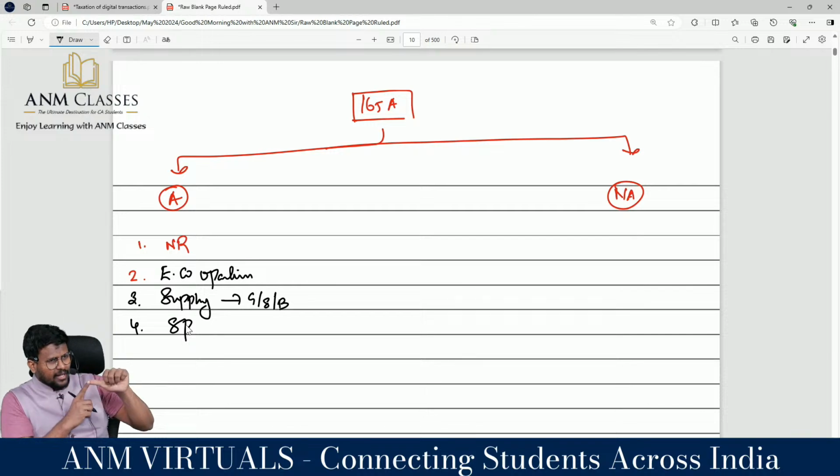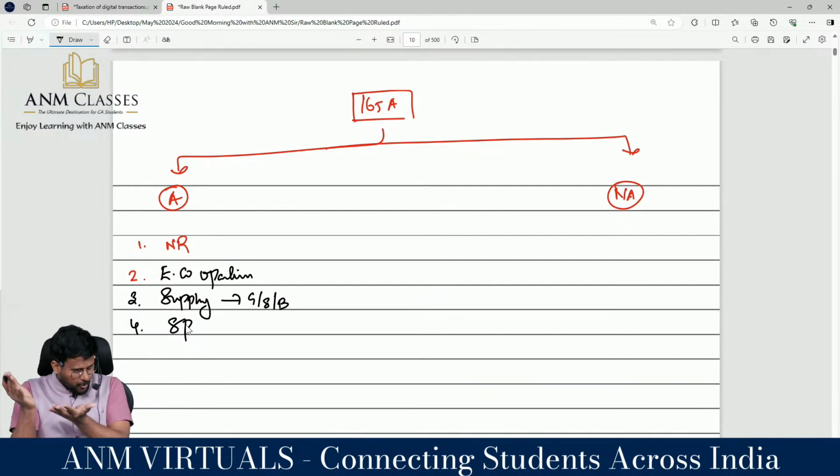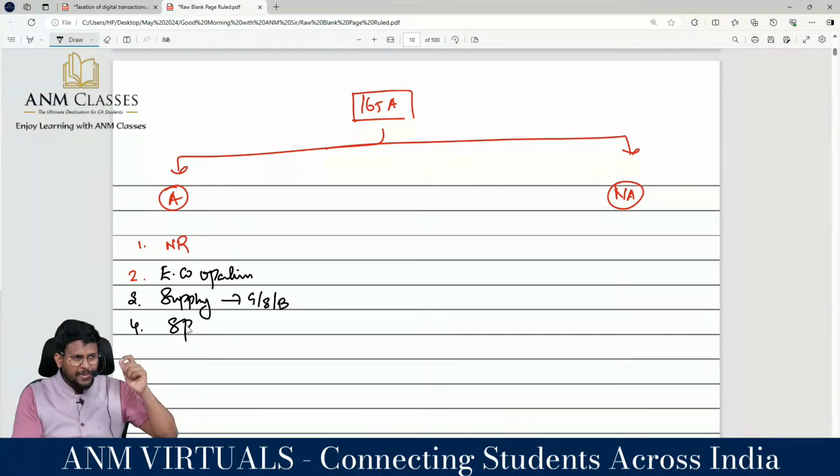So that should be a non-resident, such non-resident should be an e-commerce operator. You should supply either goods or services or both, or you should provide some facility to supply the goods or services or both to a specified person.